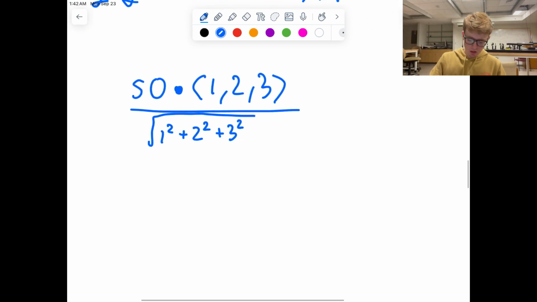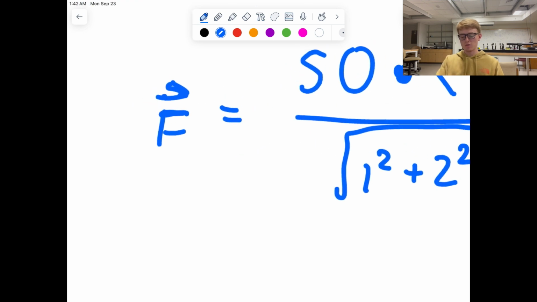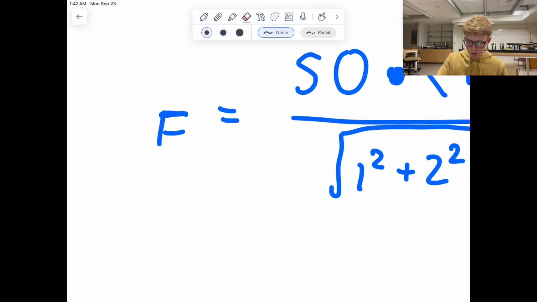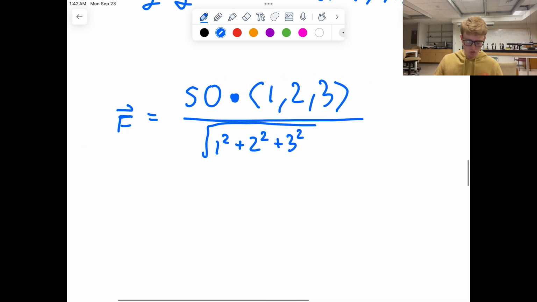Now just to be clear, we'll call this vector f. And notice f is a vector, so I've included this little arrow above it to show that it's a vector. That's just a notation thing.